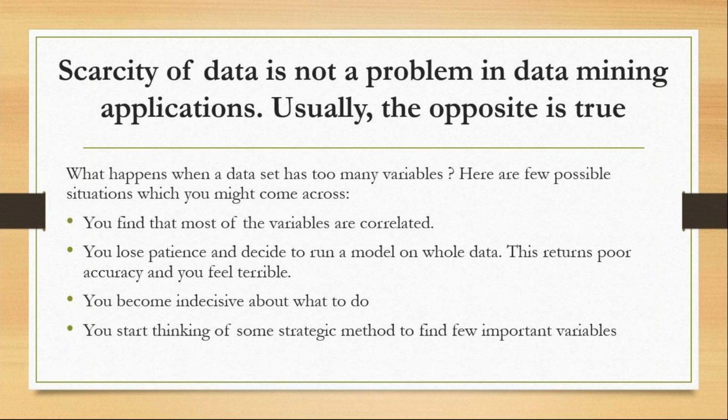You don't know which one to pick and which to omit. There are 200 variables, and it will be a time-consuming process to work with all of them and decide which to take and which to omit. You might lose patience and take all the variables and run a model. That is where the challenge comes, and in this challenge, principal component analysis comes into the picture and helps us.